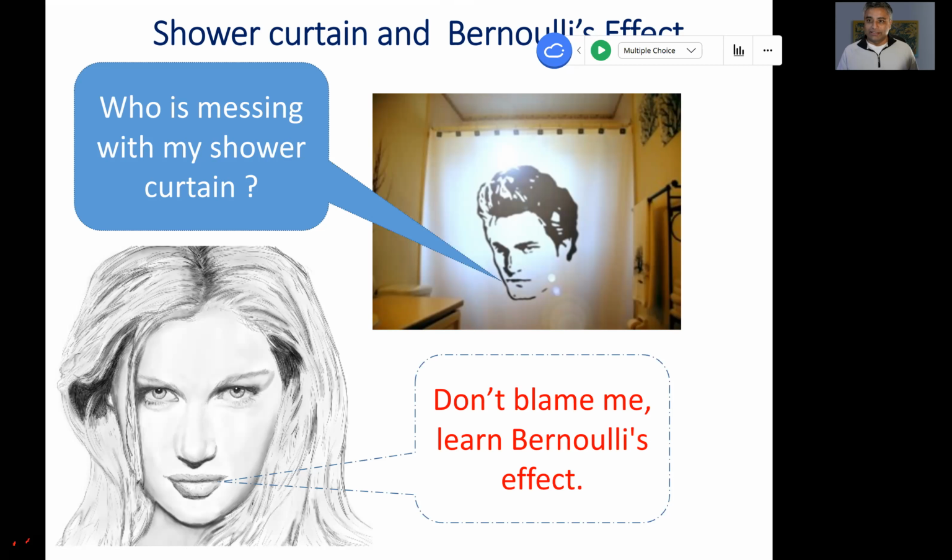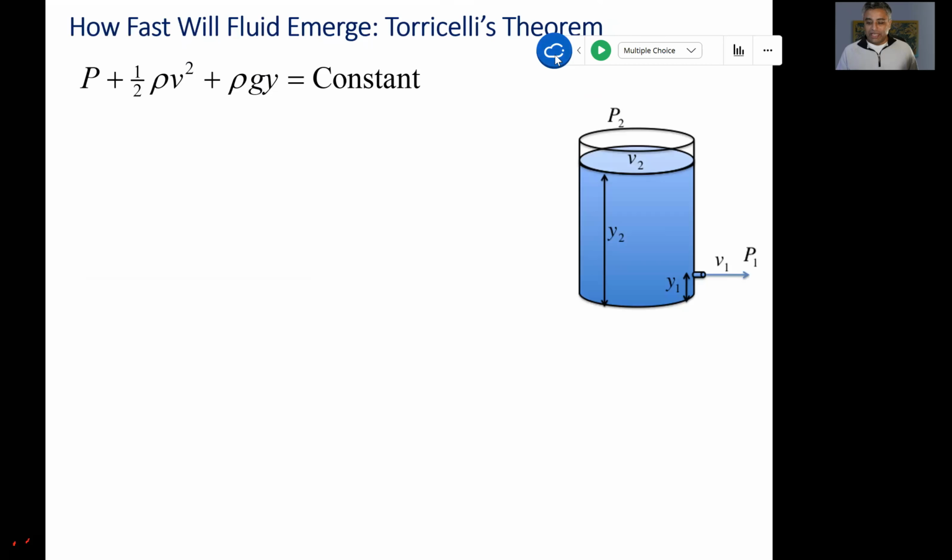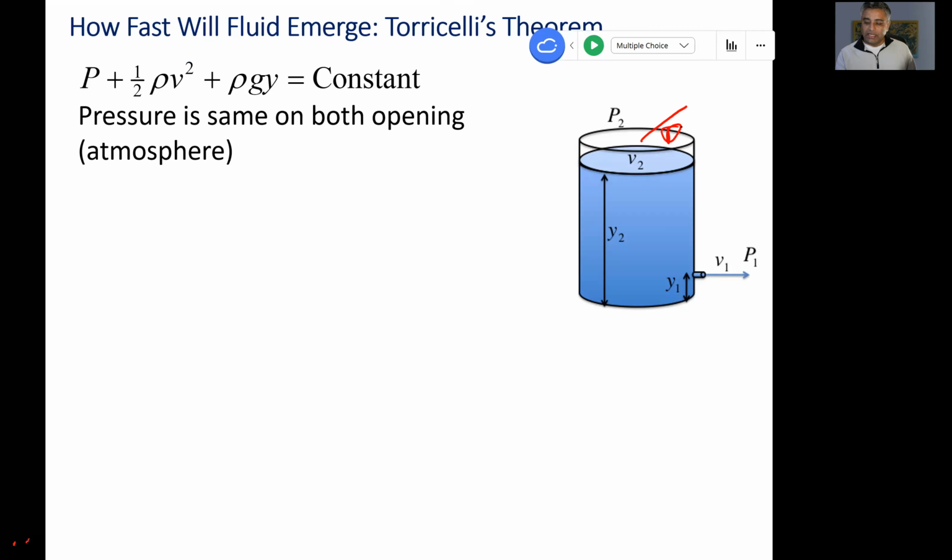Thank you for that. So now let's look at the situation where there is no pressure change. Suppose you have a tank there, and it is open, meaning the pressure here is atmospheric pressure. Opening here means atmospheric pressure, so the pressure is the same, and we can just ignore pressure to use this.